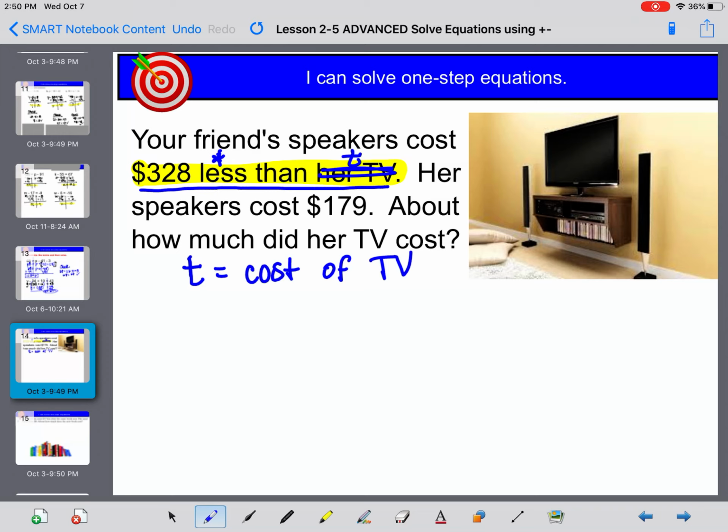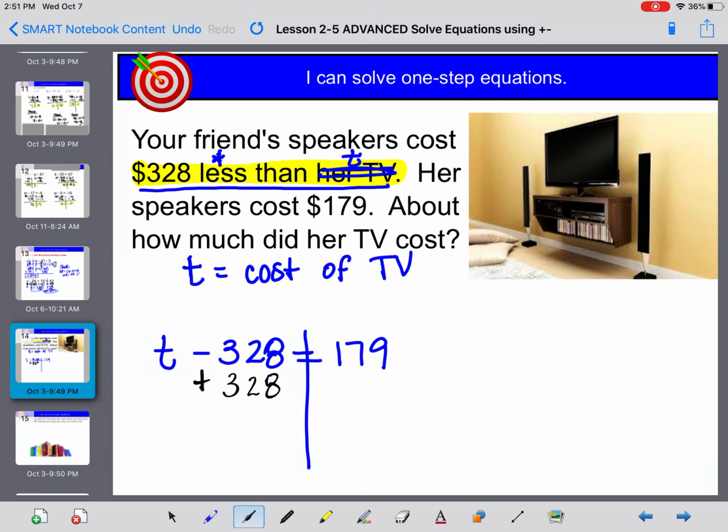So how do I show $328 less than T? T minus 328. And that equals the cost of the speakers. Now I have an equation I can solve. Using inverse operations, I'm going to add 328 to both sides.